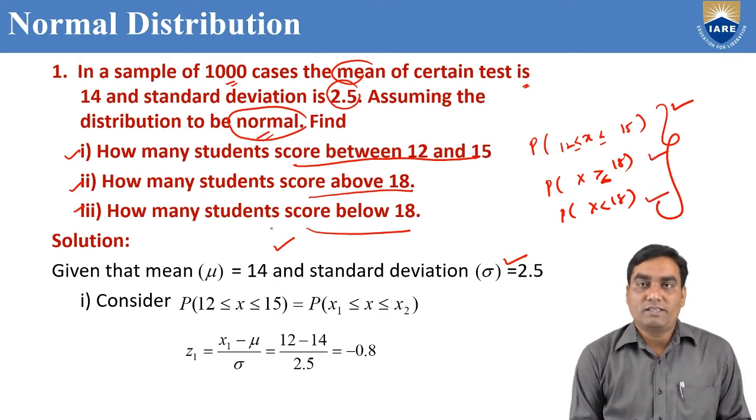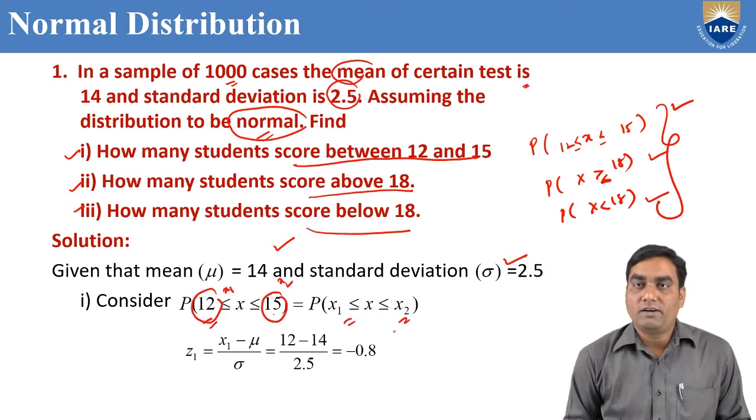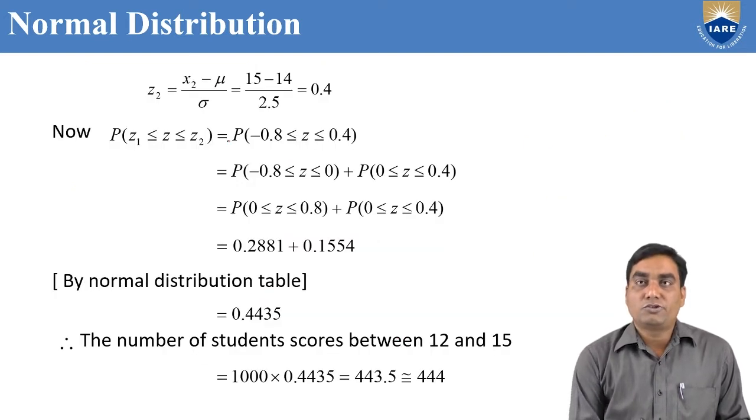Okay. Now, first we need to find out the probability of 12 less than or equal to x less than or equal to 15. You know that this is x1 and this is x2. You can convert into z1 and z2 by using the formula (x1 minus mu) by sigma: 12 minus 14 by 2.5 gives minus 0.8. z2 is (x2 minus mu) by sigma, which is 0.4.